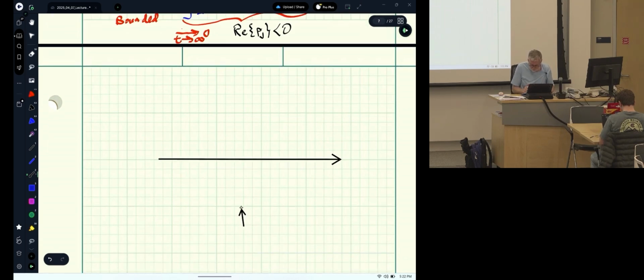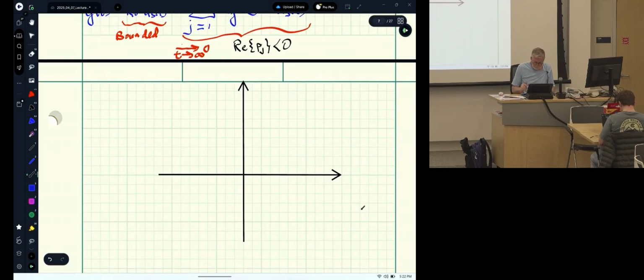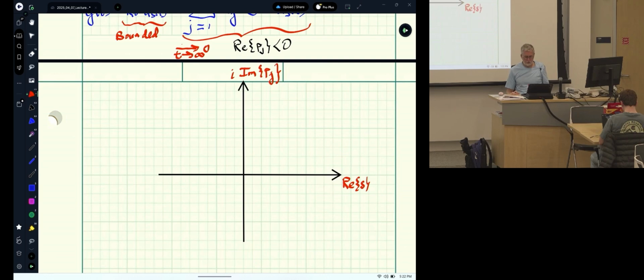We're going to do, okay, so we're going to plot the real part of s there. J, whoops, not J. I'm not an electrical engineer. I'm now a roboticist. This is I. So this is just the complex plane.